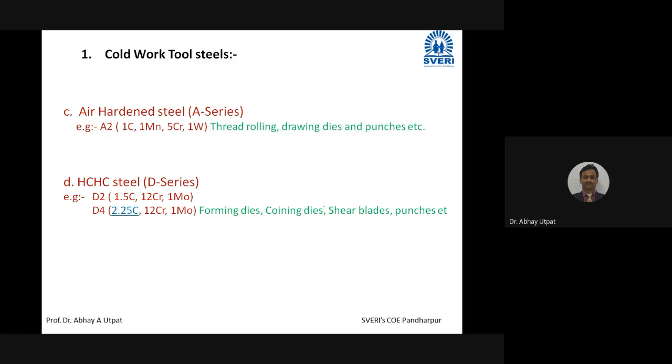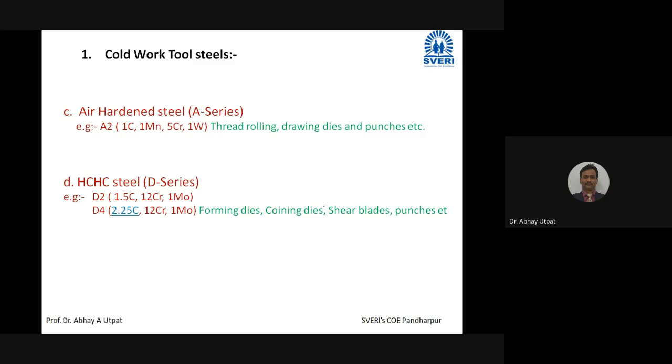Now the simple answer. Why can air hardened steels not be water hardened? Our ultimate aim is to make the part hard. Air hardened steels have more alloying elements, and their hardness is by virtue of alloy carbides. So we don't want to form martensite, it is not necessary.